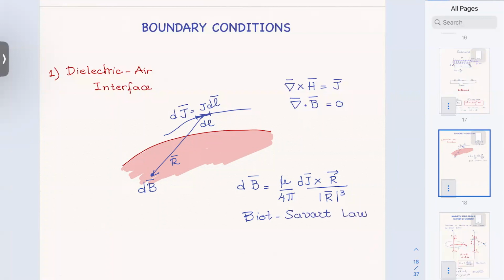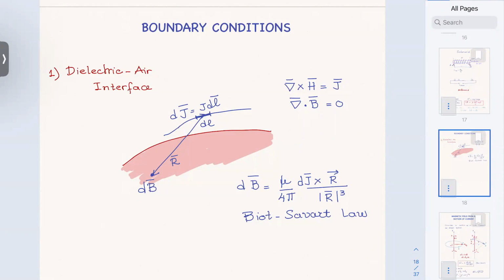All right. What we see here is that everywhere the magnetic flux density B, whether it is the differential magnetic flux density coming from a differential current or a total magnetic flux density, only depends on the value of mu.